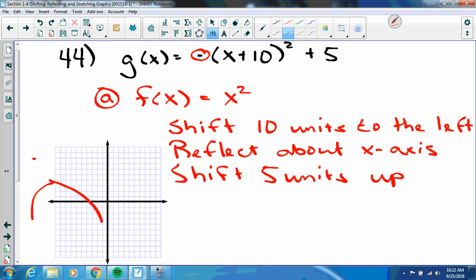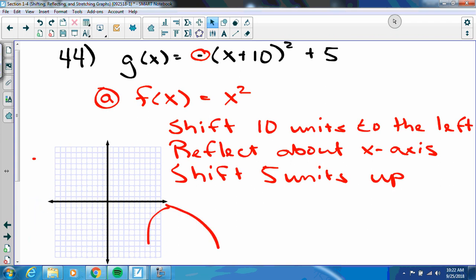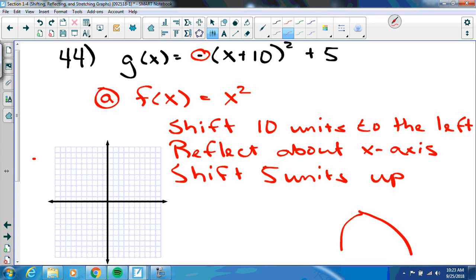So this is going something like that. What if I shifted 5 units up and then reflected? Would it change it? So I take my parent function parabola, right?